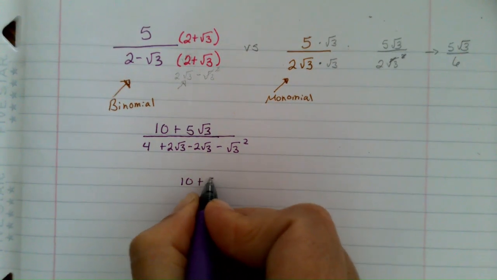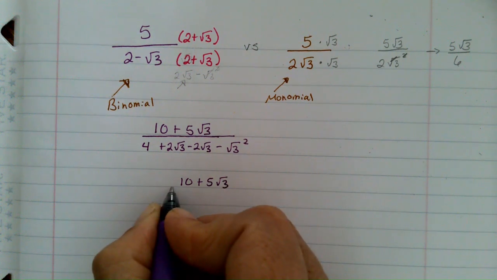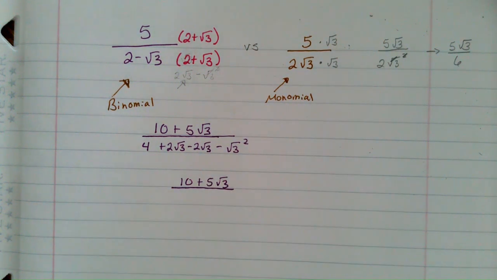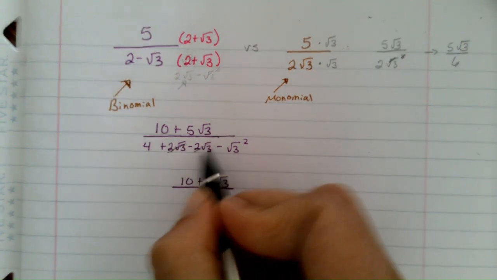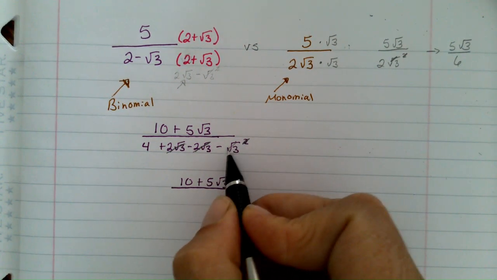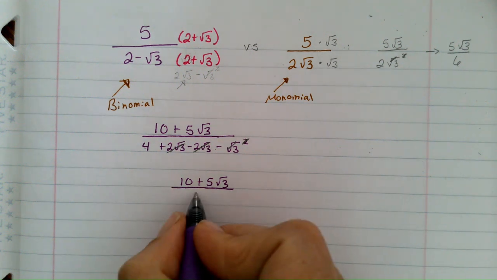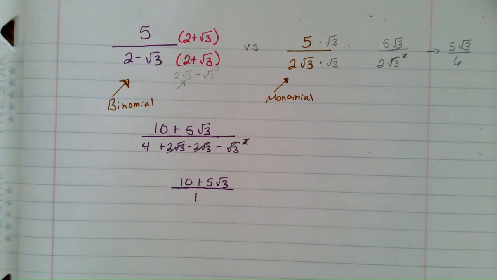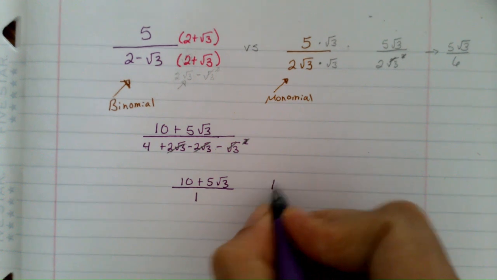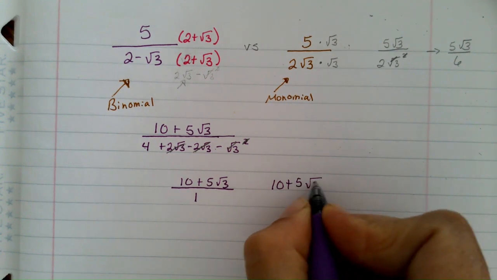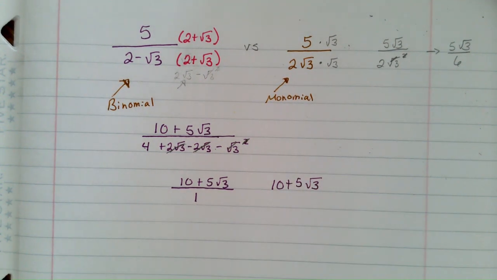So 10 plus 5 square roots of 3 over 4 minus 3, which is 1. Oh, so this one happened to work out to something quite simple, 10 plus 5 square roots of 3.